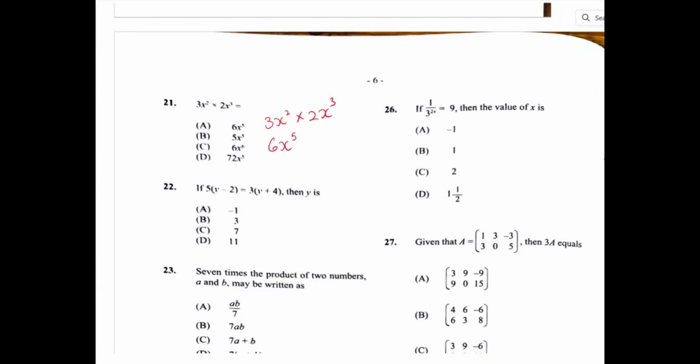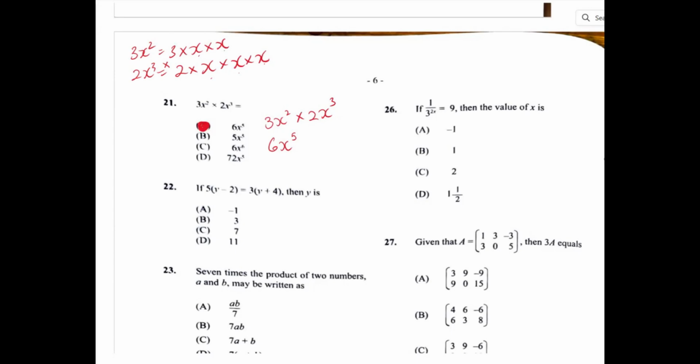So our answer is A. If you do not know your laws of indices, you could have expanded this: 3x squared is 3 times x times x, and 2x cubed is 2 times x times x times x. When you put them all together to be multiplied, the 3 times 2 will give you the 6, and this is x to the 5th power, all right?